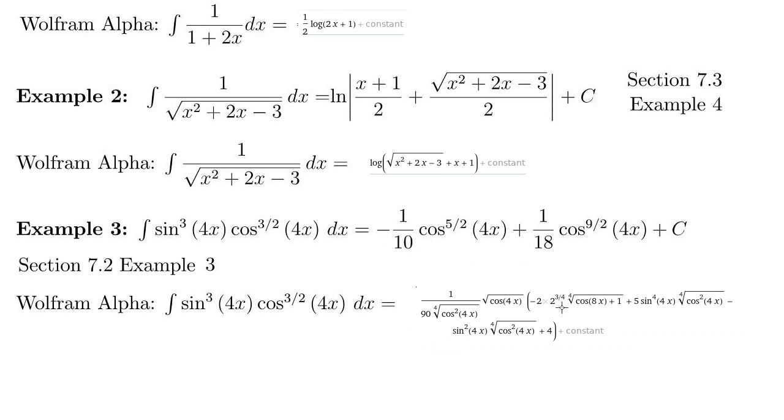Both are correct, and I imagine that you could use some trig identities here to show that these two are correct. Remembering that this arbitrary constant on the end, the plus c, will absorb other constants. So when you have identities like 1 plus tangent squared is equal to secant squared, the 1 out in front could get absorbed by that constant. So it makes things that don't look like they're the same really the same when the constant gets absorbed.